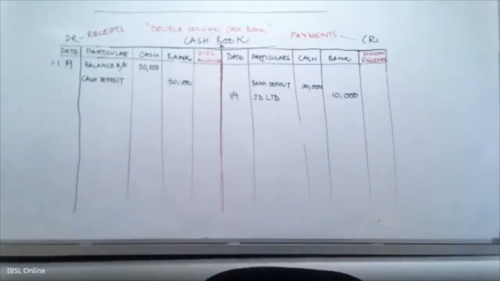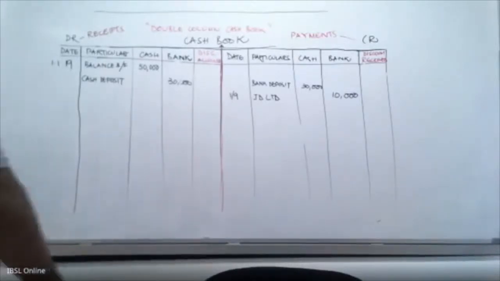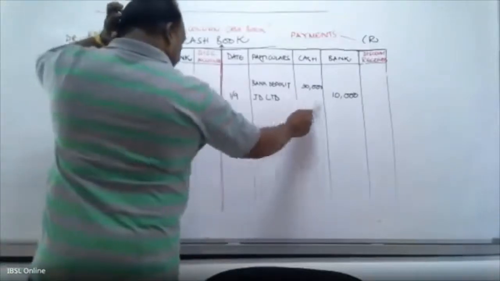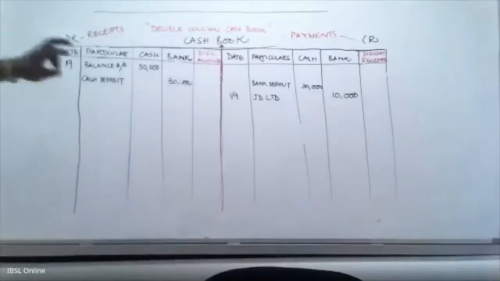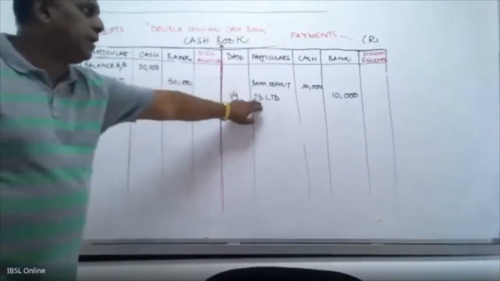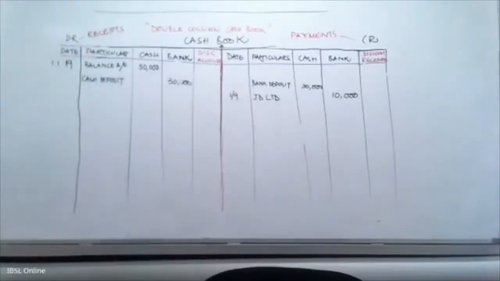Rupees 10,000 has been paid to JD Limited on 1st September. Because you already have 30,000, you can easily pay 10,000. So I want you all to record these transactions together with me as I record this transaction.